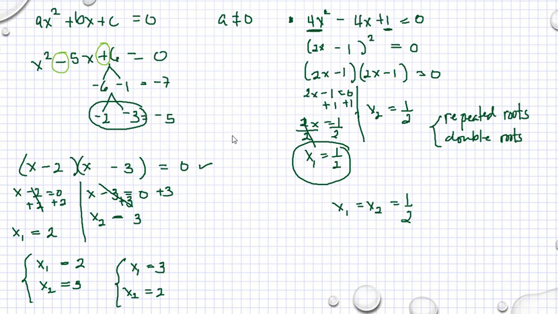I will give some more examples. Here is another example. 6x squared is equal to 11x plus 10. Our general form is ax squared plus bx plus c is equal to 0. So we need to transform this equation so that it will look like the general form.